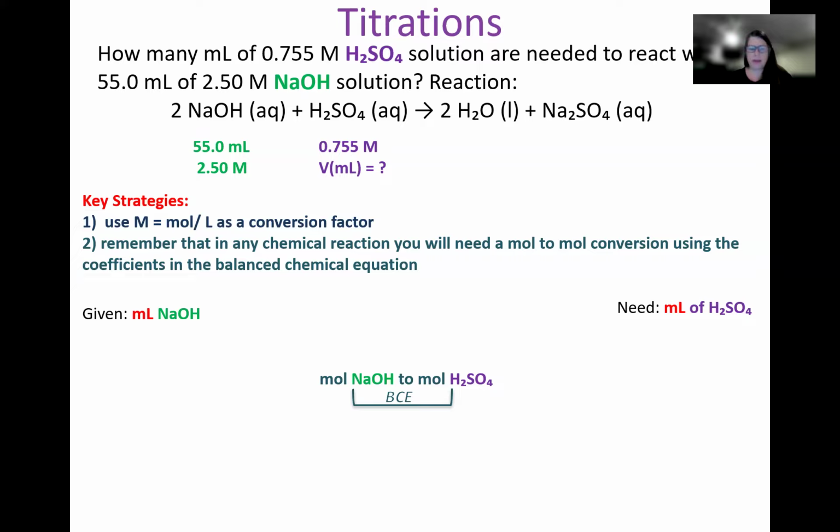In order to get to moles of sodium hydroxide, using the molarity as a conversion factor, I need to convert milliliters of sodium hydroxide into liters, and then I can use the molarity to get to the moles of sodium hydroxide. Then I'll just use the coefficients.